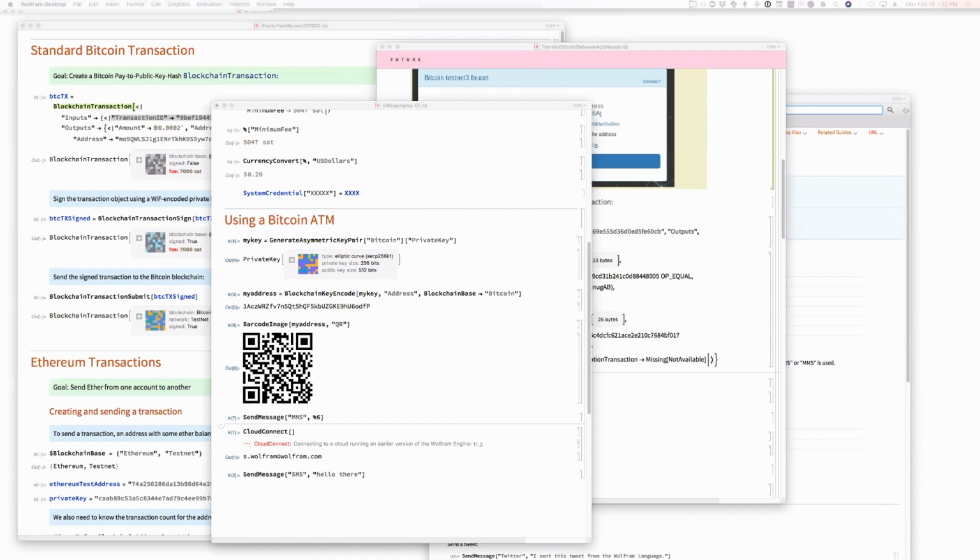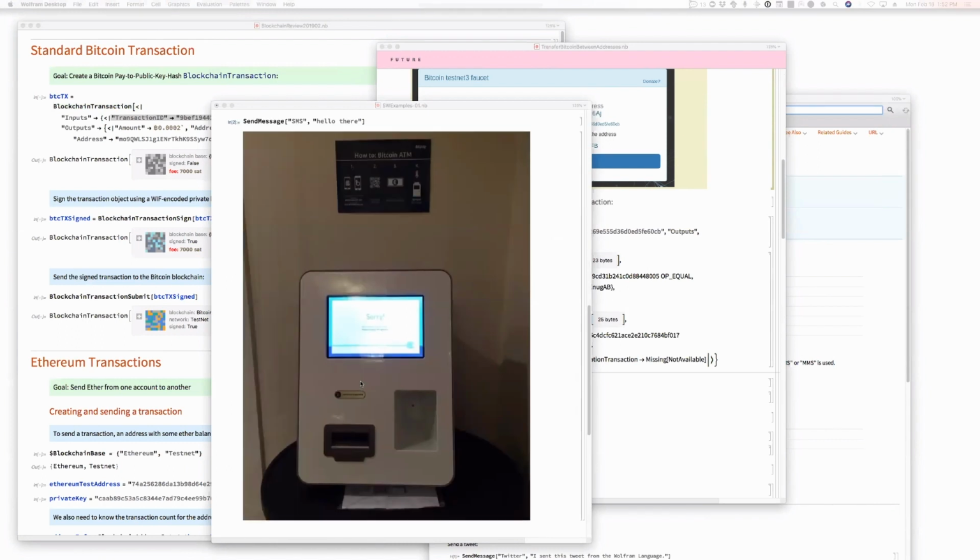I mean, this is a typical... This seems to be, if this will pull over, a typical picture of a Bitcoin ATM. Okay, so there's a camera there, and there's a place to stick money in.